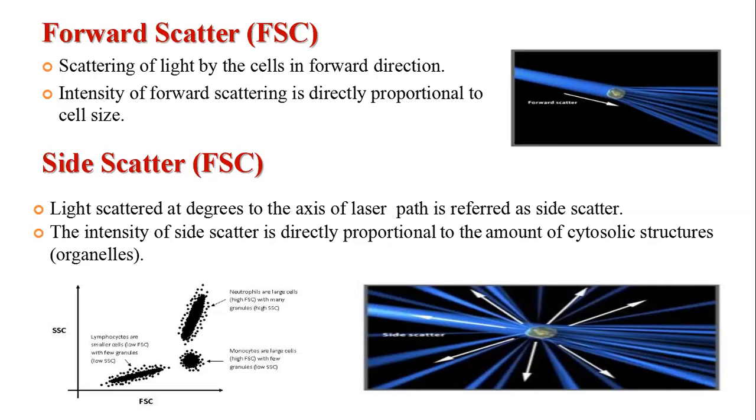Side scattering occurs if the cells are granular. Forward scattering occurs more if their size is big. Small cells that are not very granular will have less side scattering and less forward scattering. Large cells will have more forward scattering, and if they are granular, there will be more side scattering.